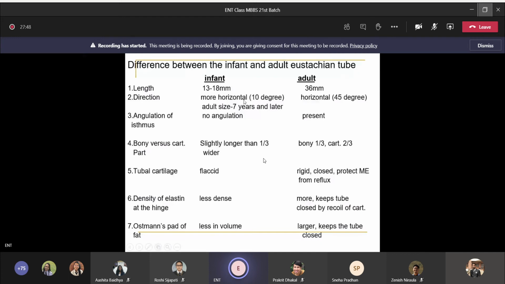So all of this makes the infant's ear more prone to reflux from the nasopharynx, and infection from the nasopharynx can also ascend easily into the middle ear. That makes infants more prone to disease.